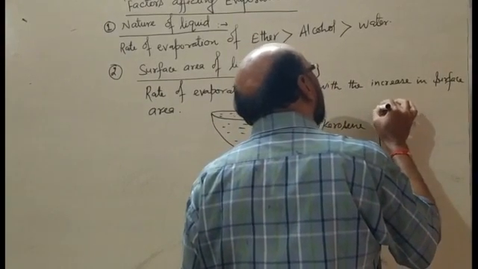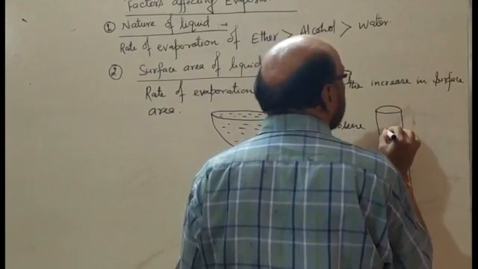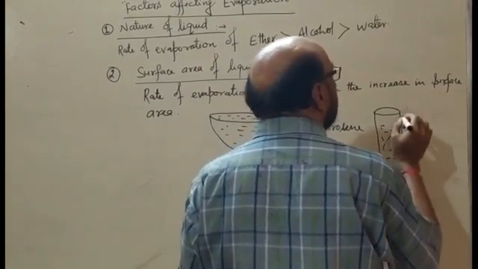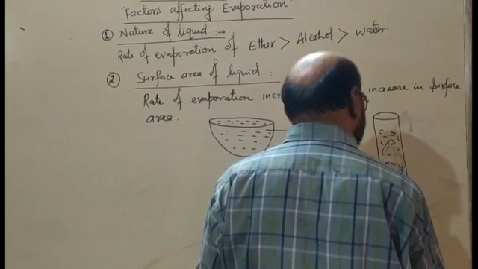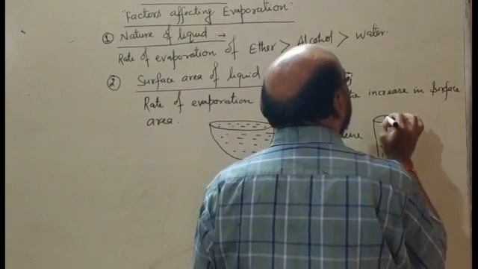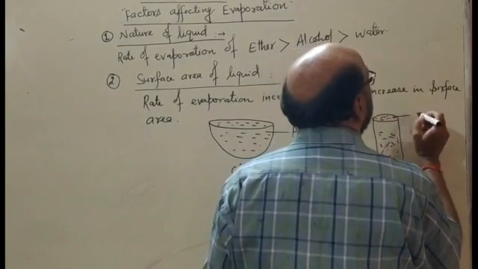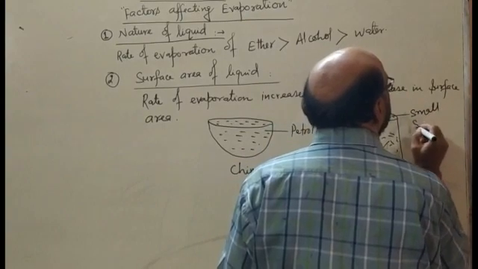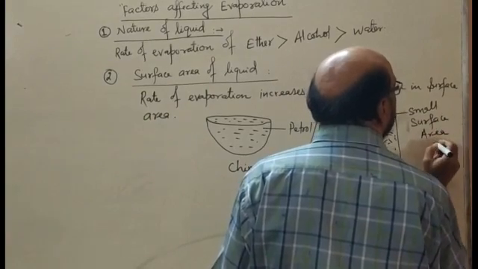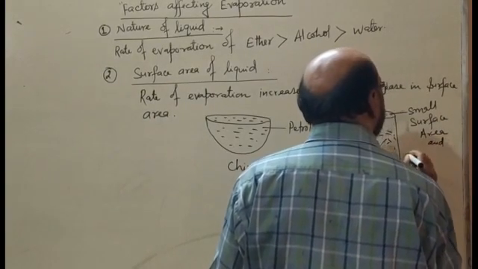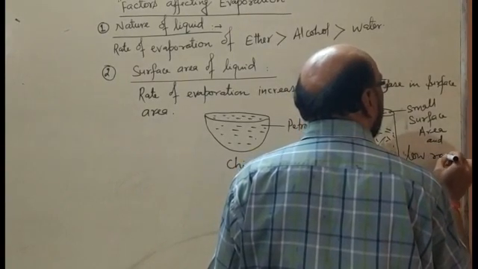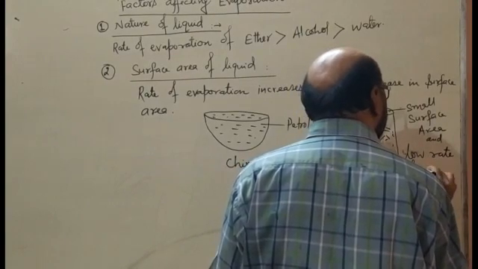It is very easy to know whose surface area is larger. The surface area of the China dish is larger than the surface area of a test tube. Here in the test tube, the liquid has small surface area and low rate of evaporation.